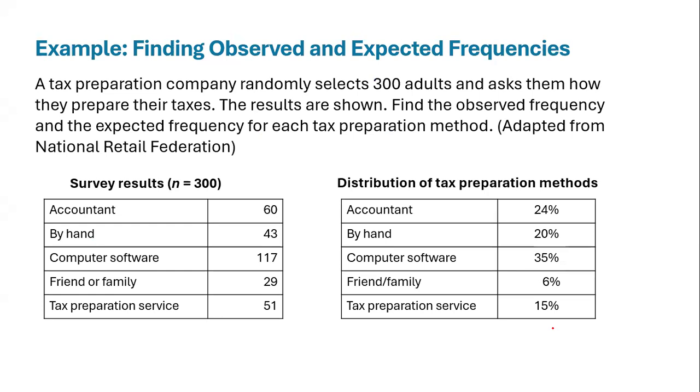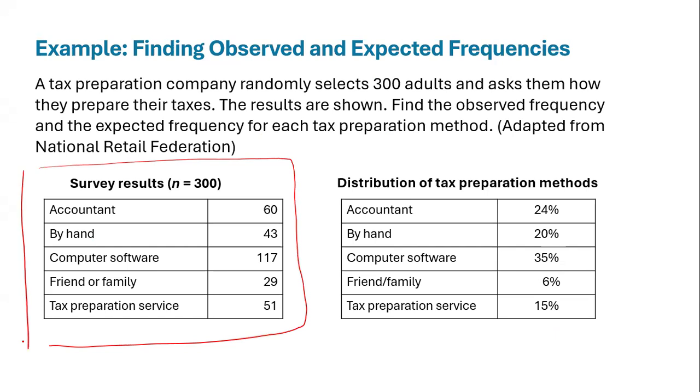Okay, the first example. It says a tax preparation company randomly selects 300 adults and asks them how they prepare their taxes. The results are shown. That's the result from the survey, this table. Find the observed frequency and the expected frequency for each tax preparation method.